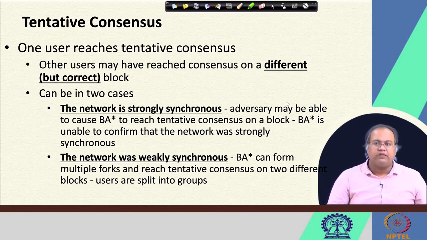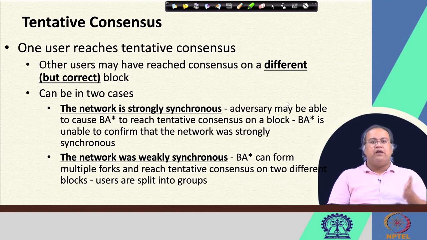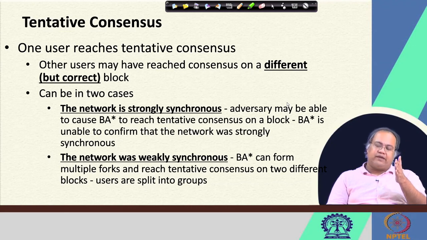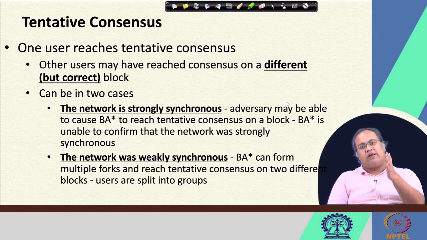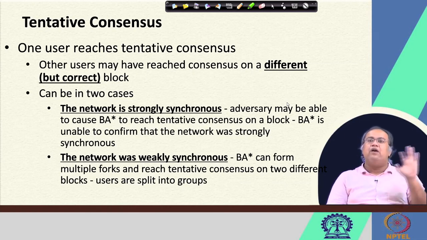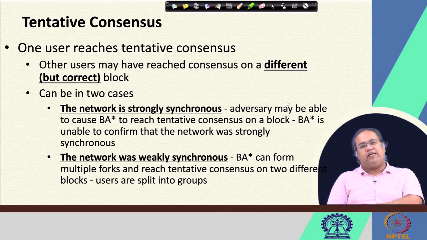The users are split into groups. Under a weak synchrony assumption, the adversaries may have partitioned the network. One partition of the network has agreed on one block, and another partition has agreed on a different block. That is the case of weak synchrony, and we have reached a tentative consensus here.